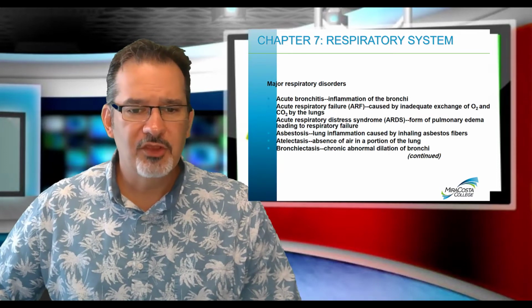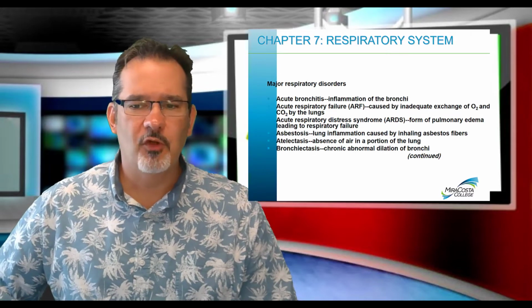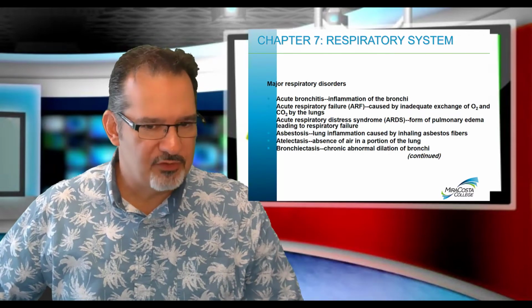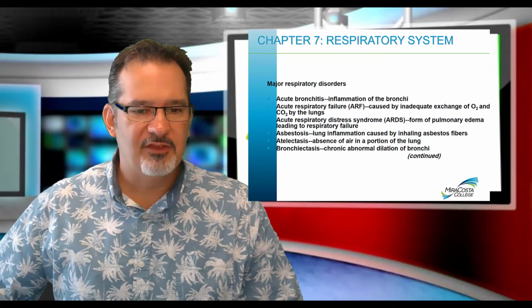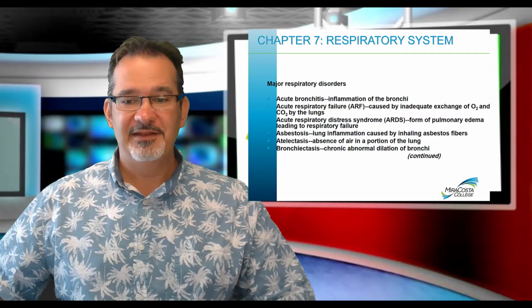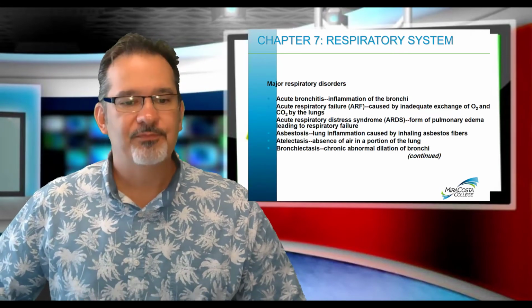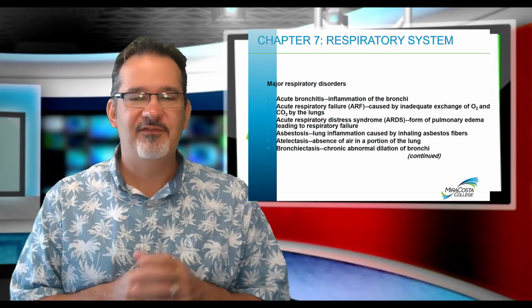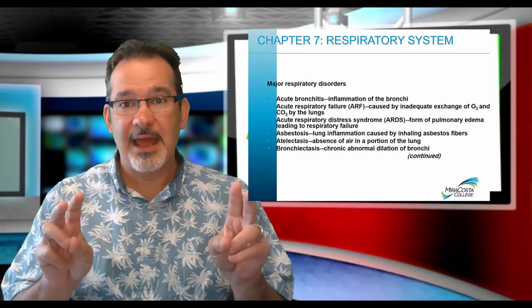Okay. Acute respiratory distress syndrome, a form of pulmonary edema or swelling leading to respiratory failure. Asbestosis, lung inflammation caused by inhaling asbestos. Okay. Atelectasis. Atelectasis is a fancy term for a collapsed lung.